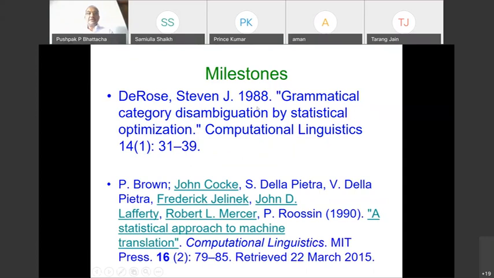So one of them is this 1988 paper by D. Rose, Grammatical Category Disambiguation by Statistical Optimization. So grammatical category is nothing but part of speech, and part of speech is a disambiguation issue because the dictionary categories are most of the time multiple.